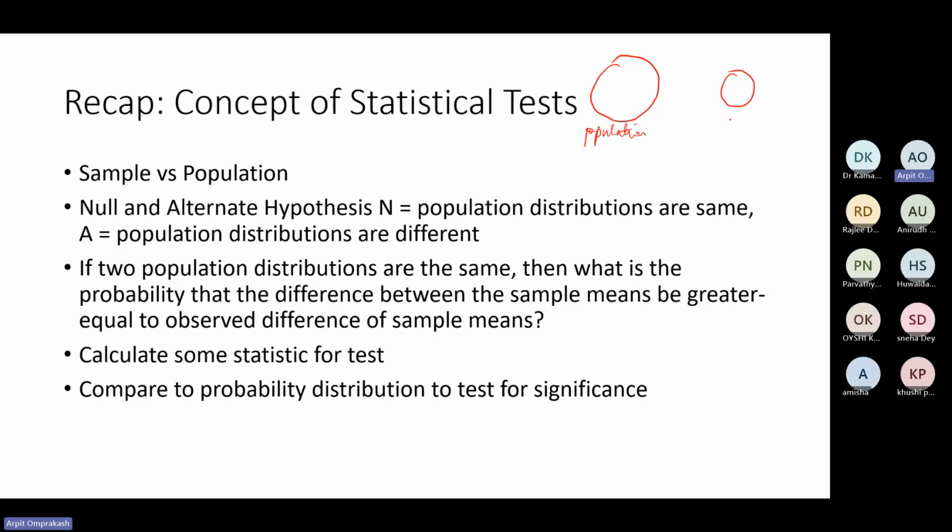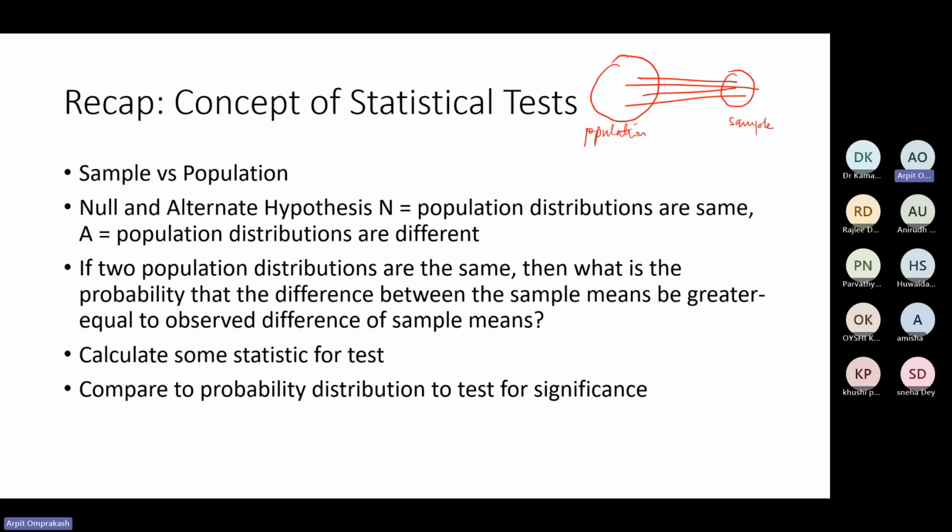And in a lab and such environments, what we get is a sample, which is basically some handpicked values from the population, right? So let's say you were to measure the height and weight of 10, 15 students in a class, then the height and weight of these 10, 15 students will be the sample, whereas your population might be the students of that class or the students of the whole school, right?